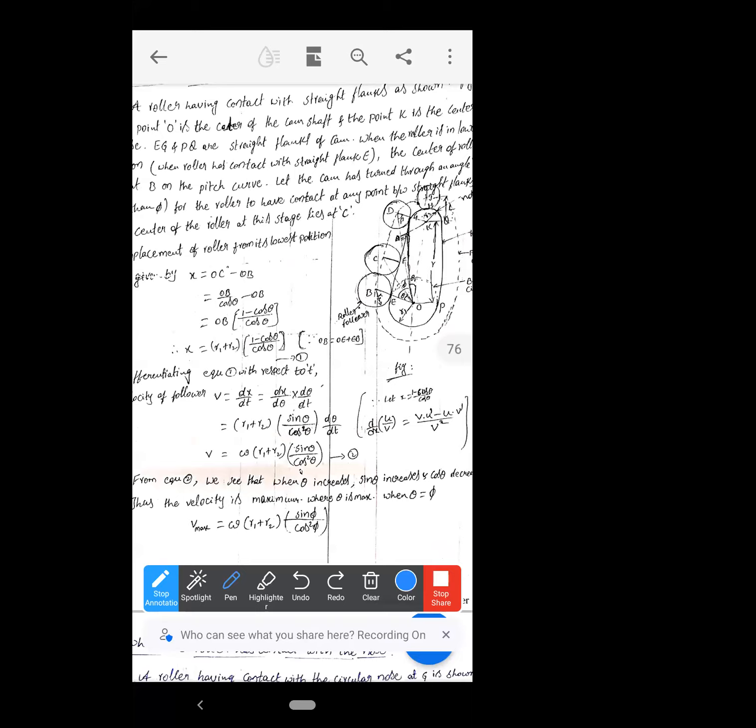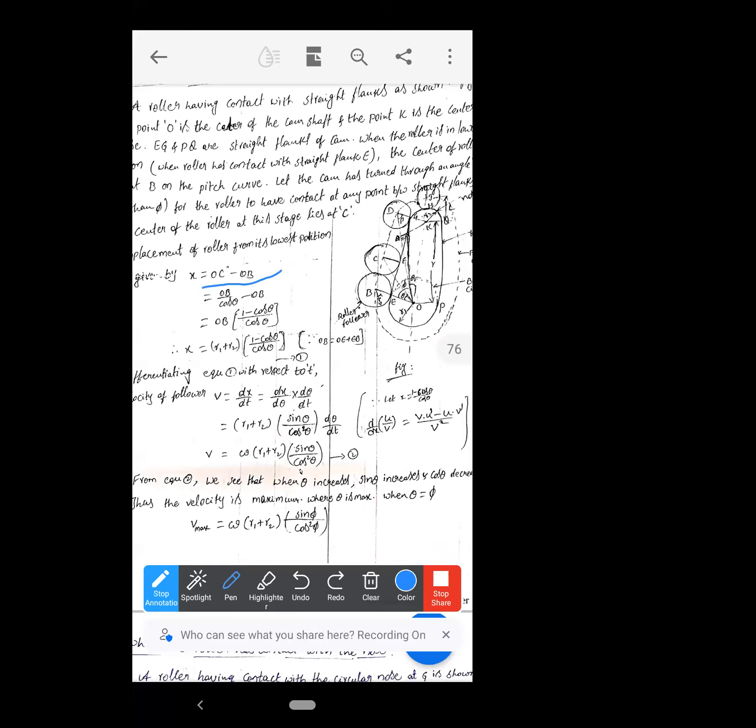OC is the second position and OB is the first position. What is the gap between B and C? That means the displacement of the follower from the starting to the next position, that is OC minus OB.